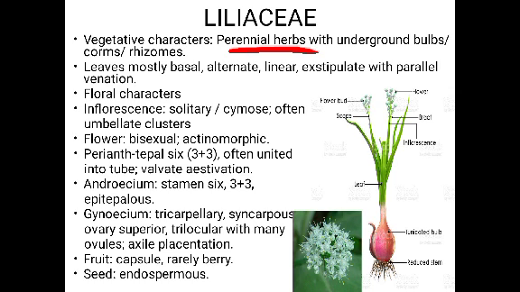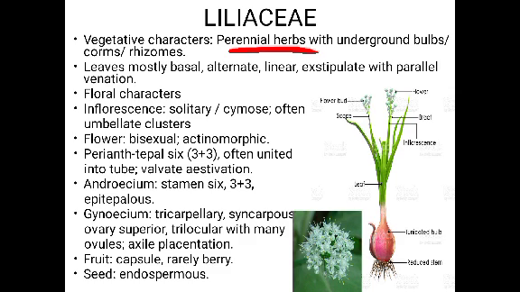The swollen structures can remain under the soil for several years, and whenever it is an unfavorable season, the leaves will dry off, but the storage structure will remain under the soil, and when the favorable condition, that is rain, comes, it will sprout out again.